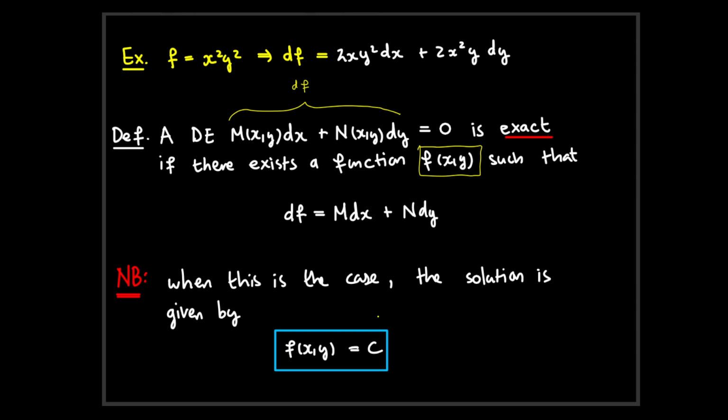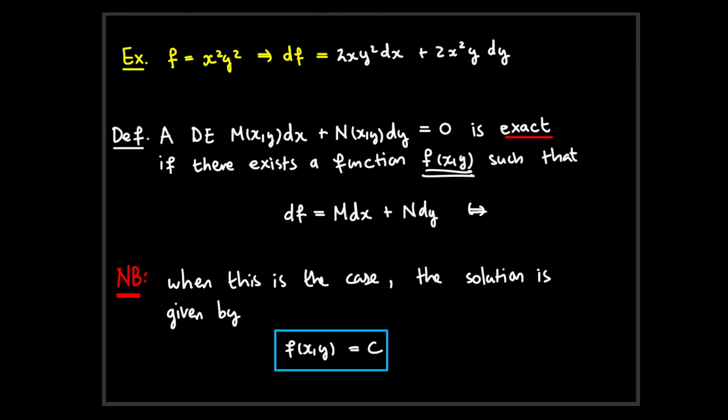So just to explain this one last time, we have given this definition of an exact differential equation. We are given such an equation, M dx plus N dy equal to 0. We say that it's exact if we can find some function such that this is true. Now, by the way, what does this mean?